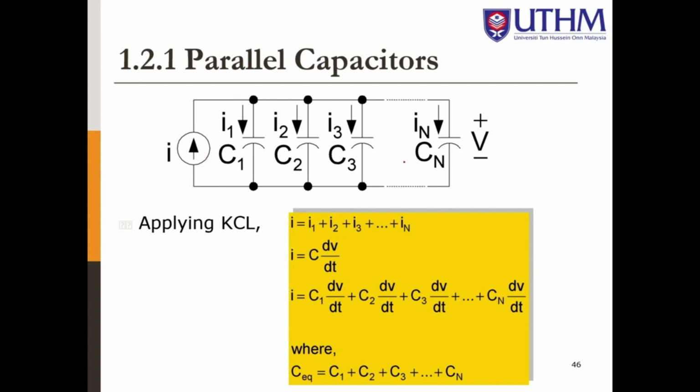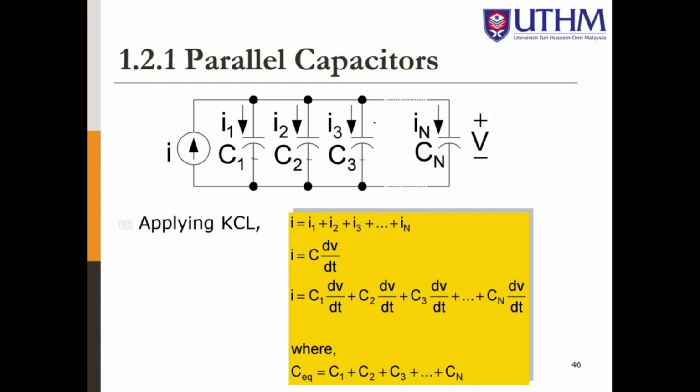If you're given a circuit like this, you can see that these are capacitors in parallel. So the equation that we can get over here is that the current in each parallel capacitor should be different, but we know that for parallel components, the voltage should be the same.